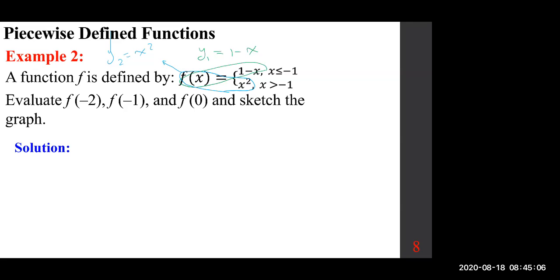Now, as far as the graph is concerned, just you know, and we'll do it later on. As far as the graph is concerned, the idea is very simple, okay? Remember, 1 minus x is the same as y equals 1 minus x, the same as y equals minus x, shifted up by 1. So this is one of them, okay? But this is good all the way to negative 1.